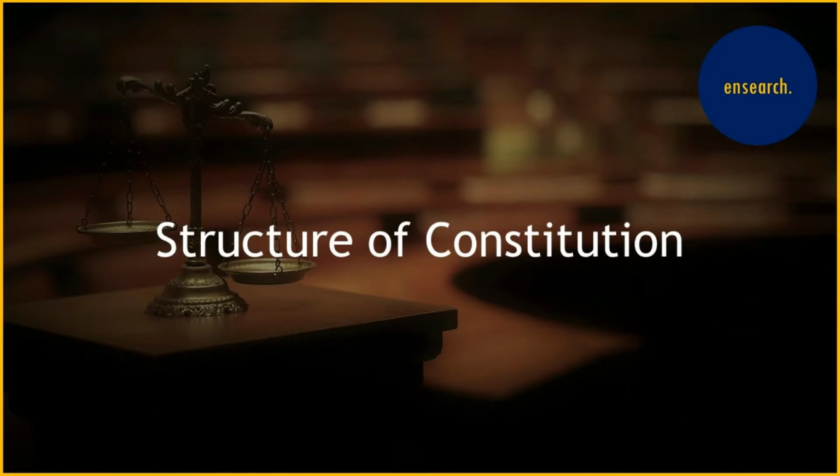The Supreme Court decides the dispute between the union and the states or the states inter se. The constitution is supreme and if it is to be amended, it is possible only by the procedure explained in Article 368 of the Constitution itself.